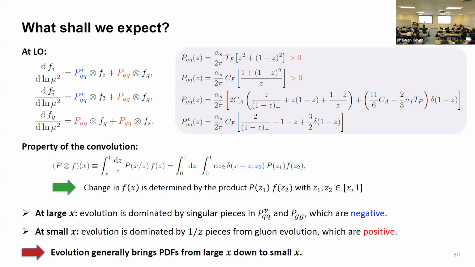And now, let me tell you something useful, when you think about the DGLAP evolution, what you should generally expect. The convolution is first defined in this way. We have x for the whole thing, this is a convolution of the 2 factors, P at z1, f at z2, and z1 and z2 should multiply to give x.